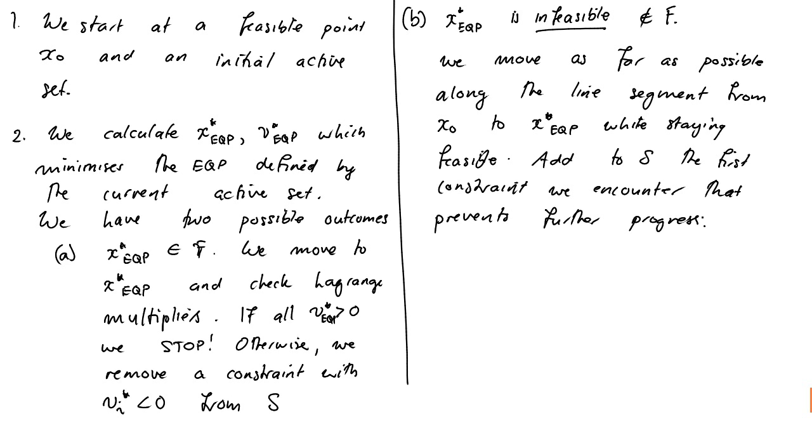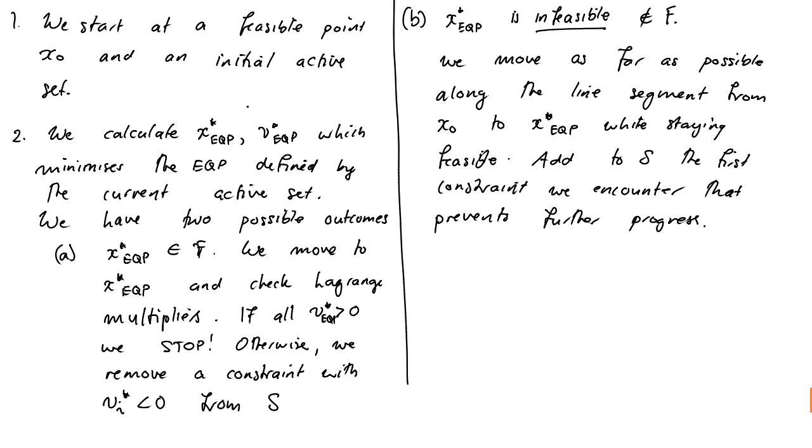So that's in essence the active set algorithm. Shortly I'll give you the actual algorithm, and then in the next lecture we'll look at an example to make all these concepts a bit clearer. But essentially, once we've got an initial point and an initial active set, we just follow the same procedure. We optimize over our current active set.